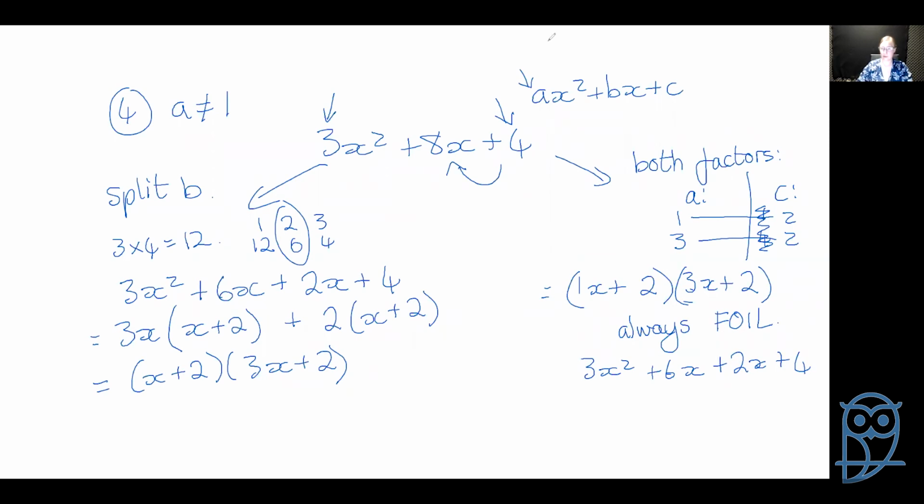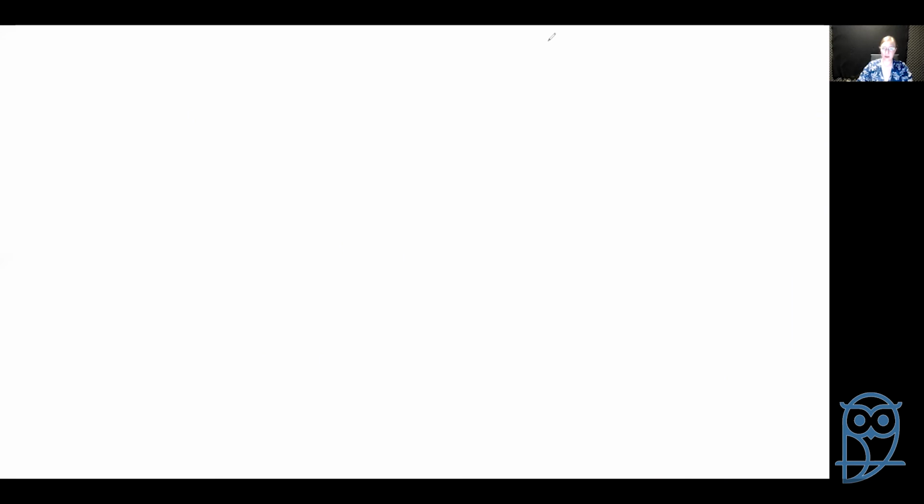I'm going to do one more example of this method. So here we go. We have 6x squared minus 7x minus 10. So first, let's do the split B method. Okay, 6 times 10 gives us 60. So we need factors of 60.